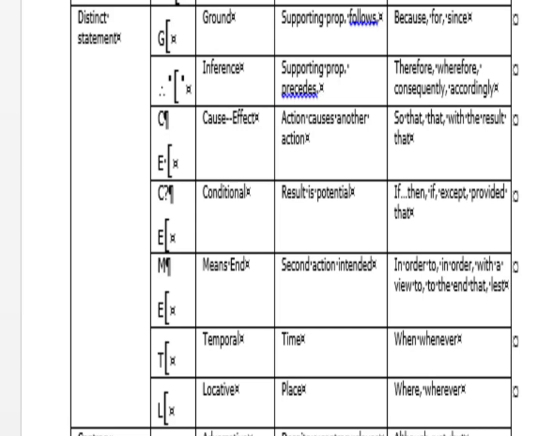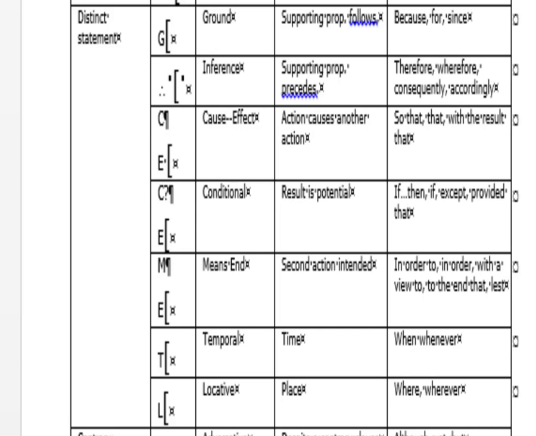That's the mirror image of the inference, which is because you disobeyed, therefore go to your room. So here they're basically mirror images of one another. So in the first one, the second clause supports the first clause as the ground.